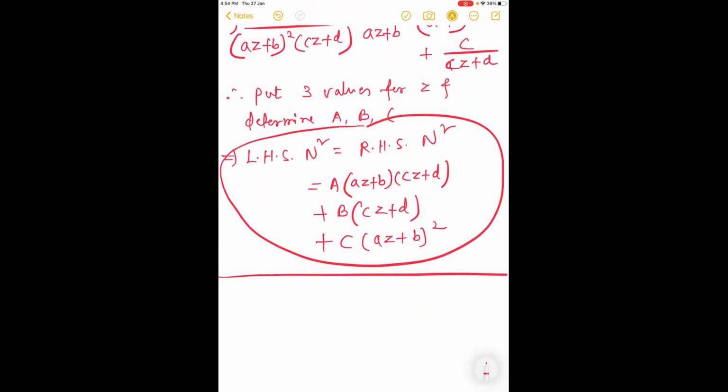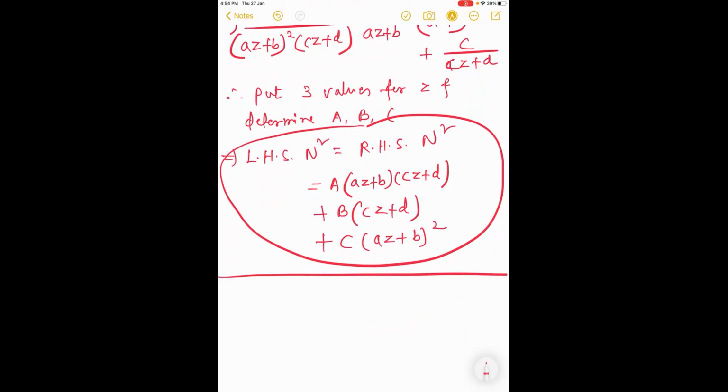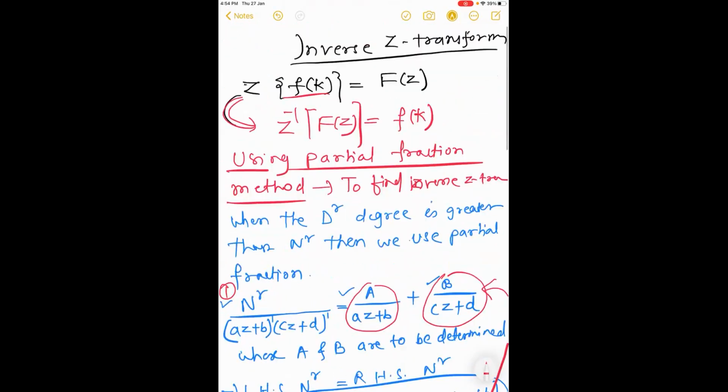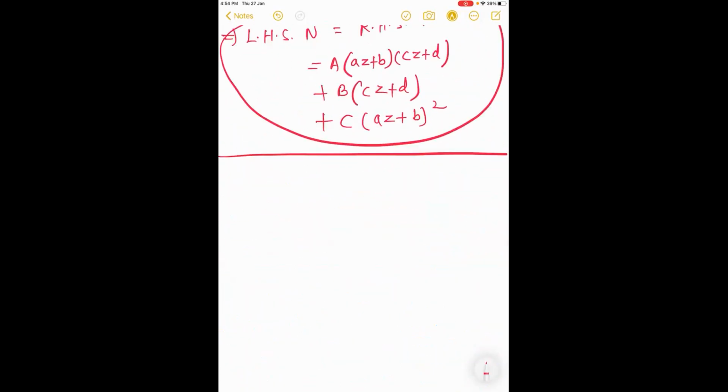So I'll just tell you how the inverse is taken, and you please see the formulae connected to the inverse. How is this inverse happening? As I said, this is the Z transform of f of k. If you know the answer for F(z), you just have to do the reverse. For example, the standard inverse Z transform.